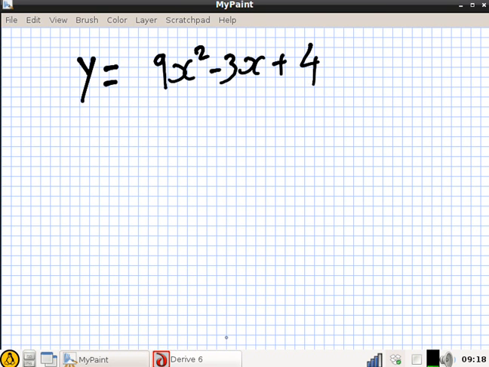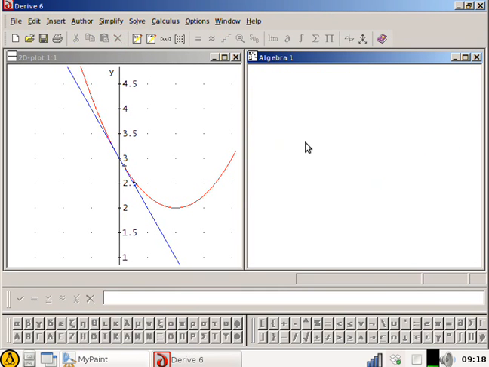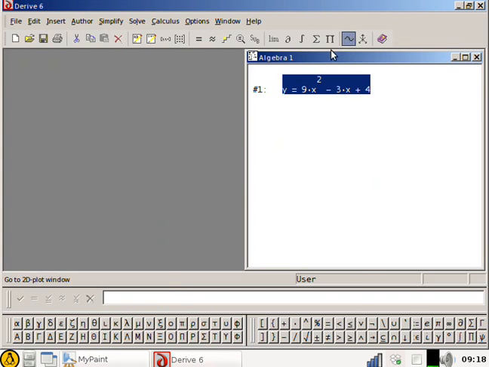Now I'll just quickly draw that one, and you should sketch it in your notebook as well. So let me get rid of all this. y equals 9x squared minus 3x plus 4. Okay, let's draw that.